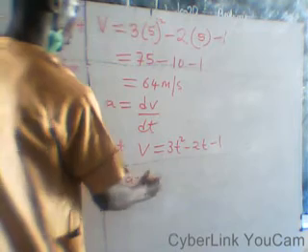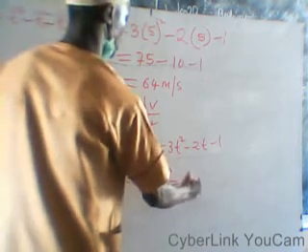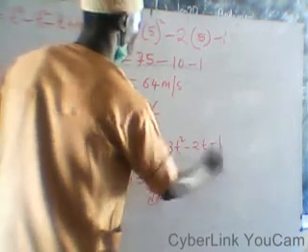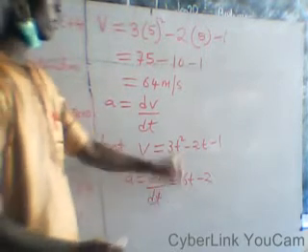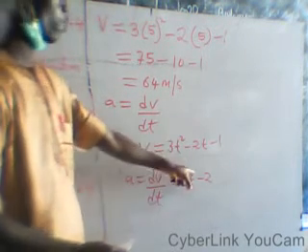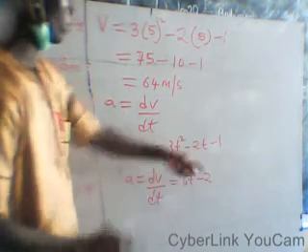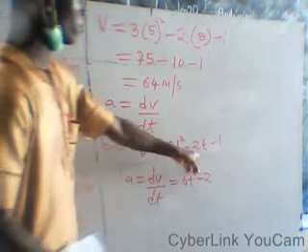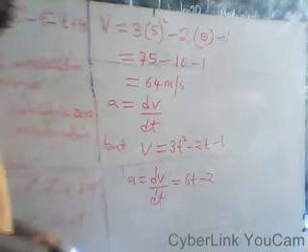That means a, which is equal to dv all over dt, will now be equal to what? 6t minus 2. That is 2 times 3, that is 6, raised to the power 2 minus 1, that is 1, and we don't need to write 1. Of course, we are not beginners in mathematics, so we don't need to write that. So if you differentiate this, you have this, and you differentiate minus 1, you have 0.